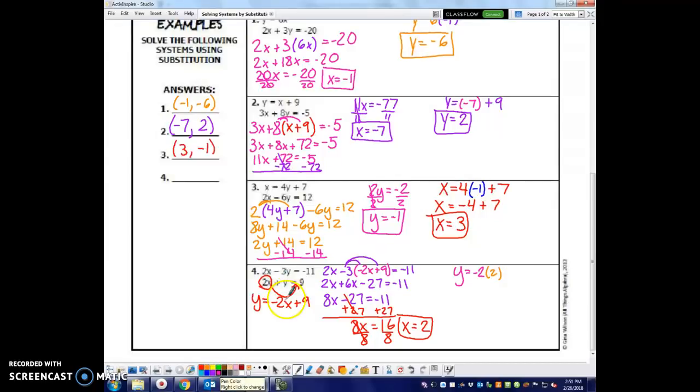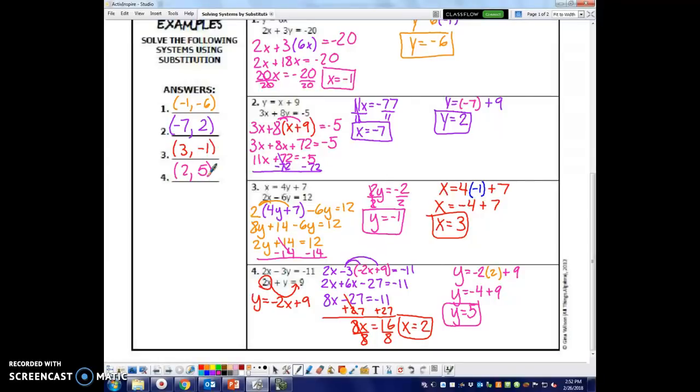Negative 2x plus 9. So y equals, what's negative 2 times 2? Negative 4 plus 9. So y equals, what's negative 4 plus 9? 5. Remember x first, so we're going to do 2, 5.